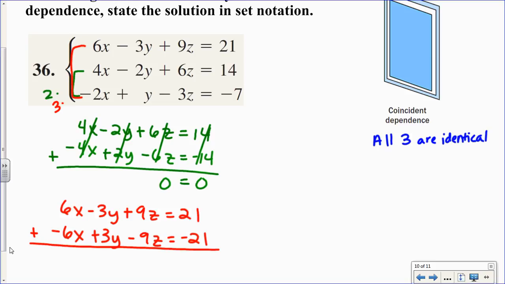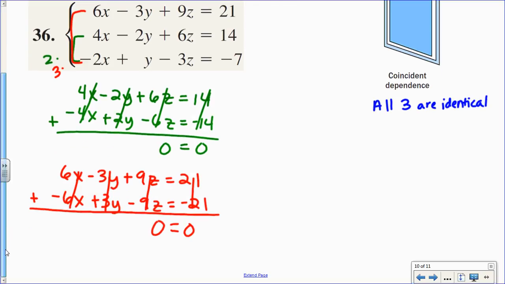Okay. Now, again, I get 0 equals 0. So that tells me that all 3 of them are the same. So now I can say coincident dependent.